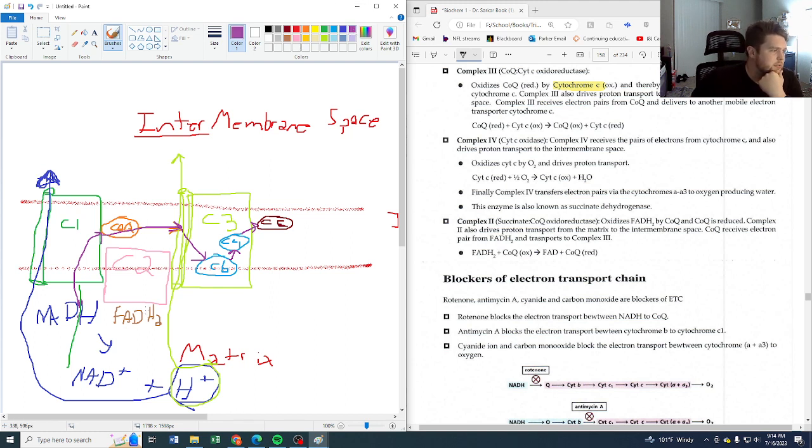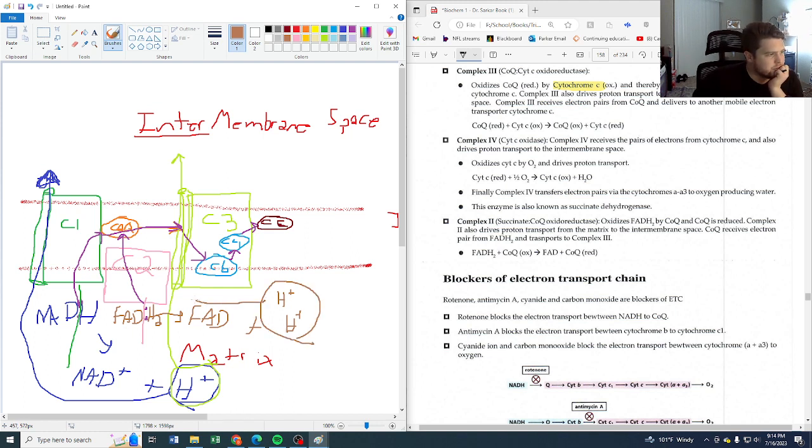So it takes the electrons from here, breaks apart this bond, and then we get FAD and hydrogens out and about.